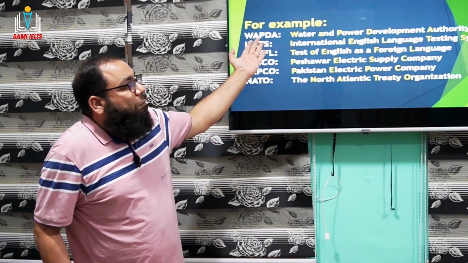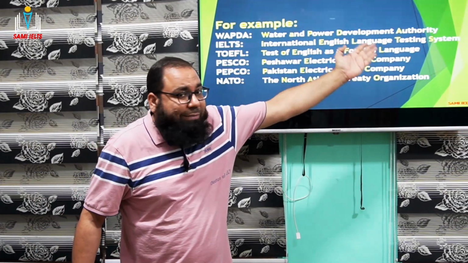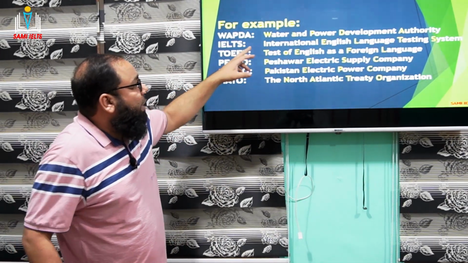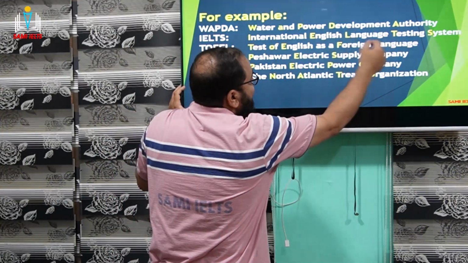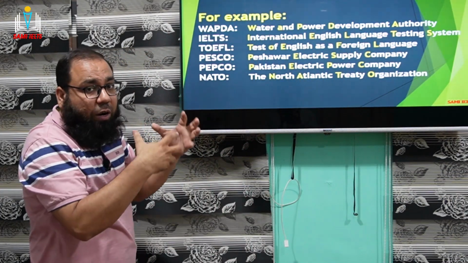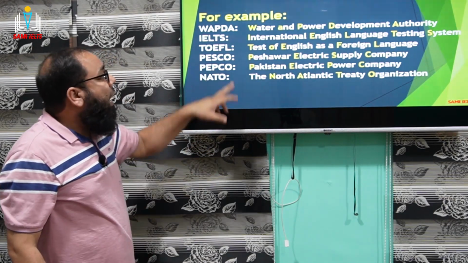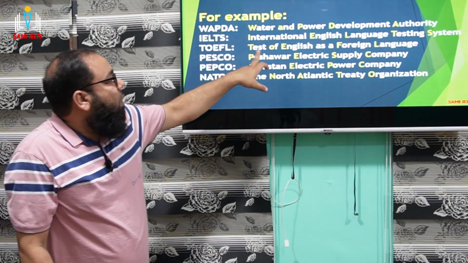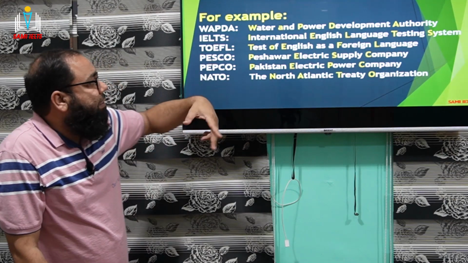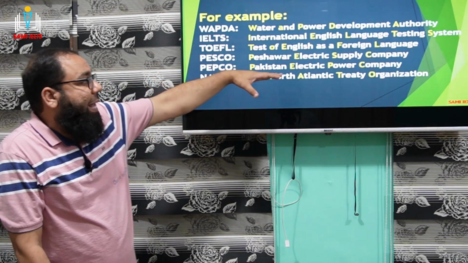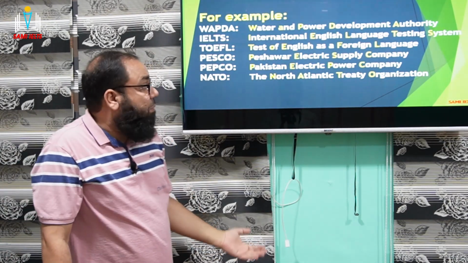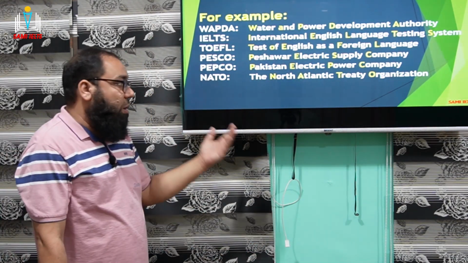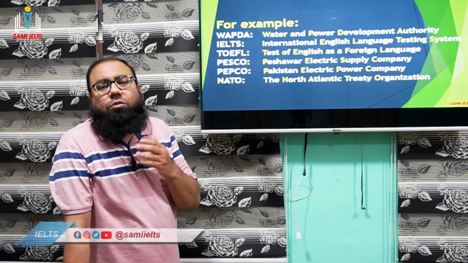Let me give you the example here of WAPDA, Water and Power Development Authority. But guys, look, the first letter of each word is taken and a word is prepared. It is called acronym. Now, TOEFL, a Test of English as a Foreign Language. PESCO, Peshawar Electric Supply Company, and PEPCO, Pakistan Electric Power Company, even NATO, the North Atlantic Treaty Organization, and there are so many.